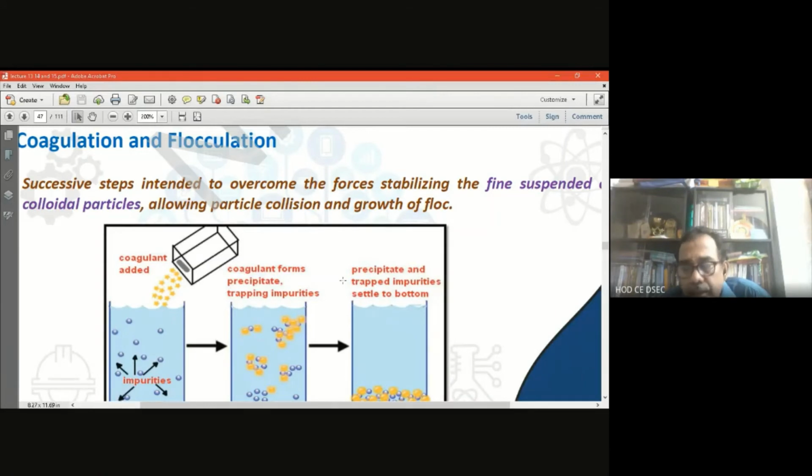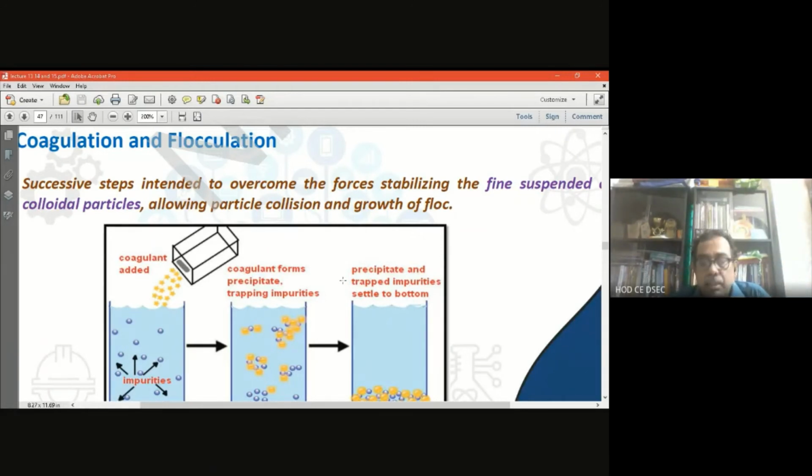That is why plain sedimentation does not hold good for the colloidal suspended matter present in water, which is in floating suspended condition and never settles by the action of gravity. But it has to be removed. What to do? That is why the significance of coagulation flocculation comes.